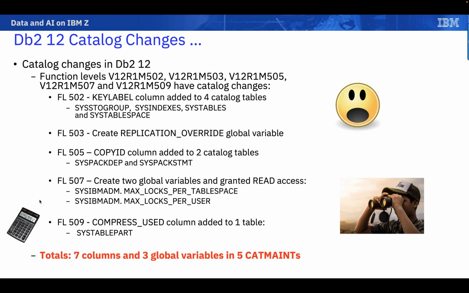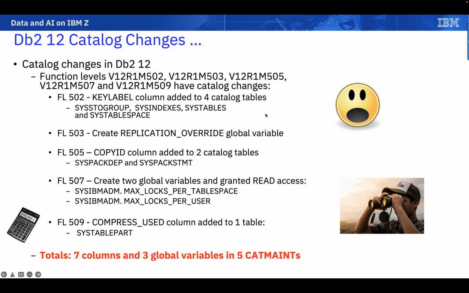Boom, 4 new columns. 503, it's a global variable. 505, the copy ID column is added to 2 catalog tables. 507, we added 2 global variables. And in 509, we added 1 column to 1 table. So in totality, in those 5 cat mains, we added 7 columns to existing catalog tables, and we added 3 global variables in those 5 cat mains.